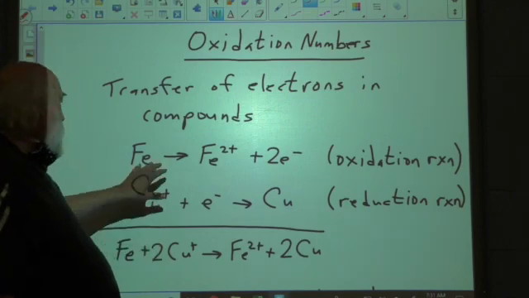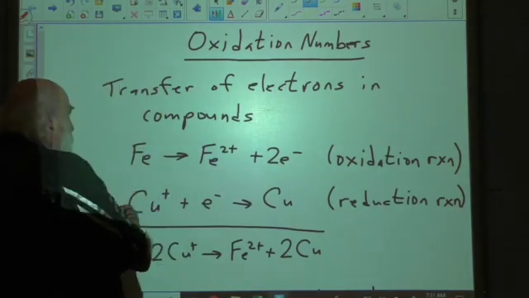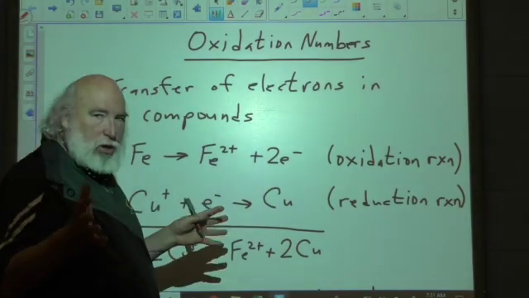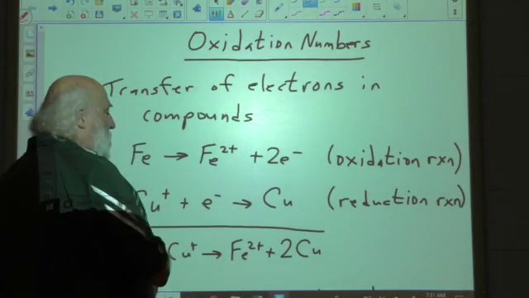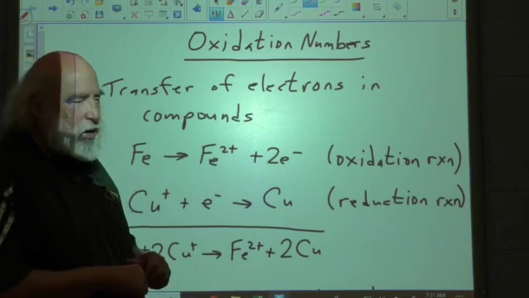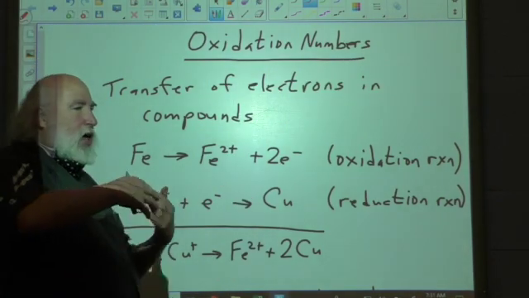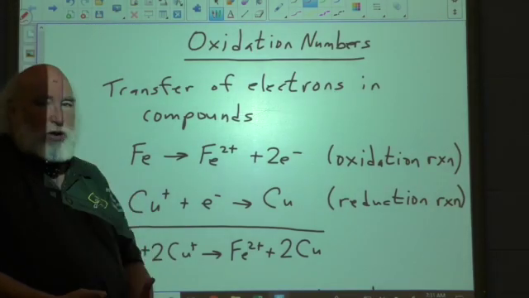By the way, because we are giving up 2 electrons, and the fact that the oxidation number, which we'll talk about a little bit, goes from 0 to positive 2, this makes this an oxidation reaction, and we'll get that more heavily in the next lesson. And then the counterbalance to it is the reduction reaction.